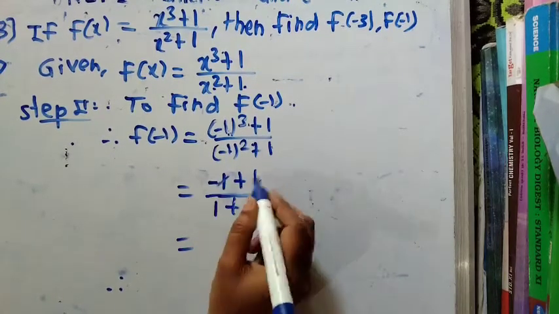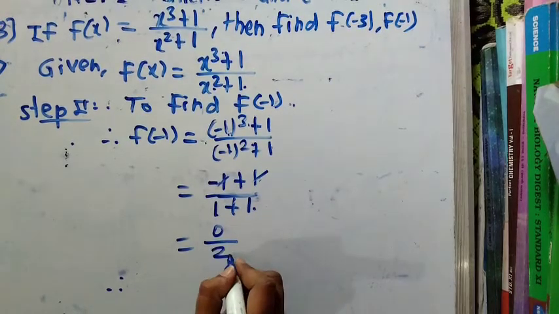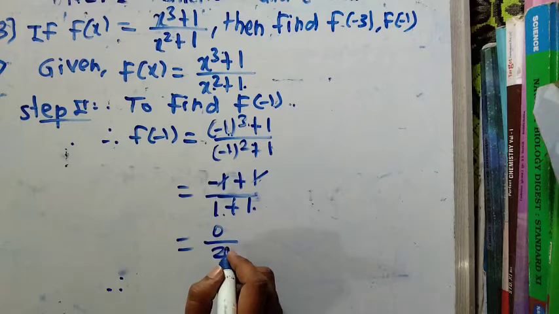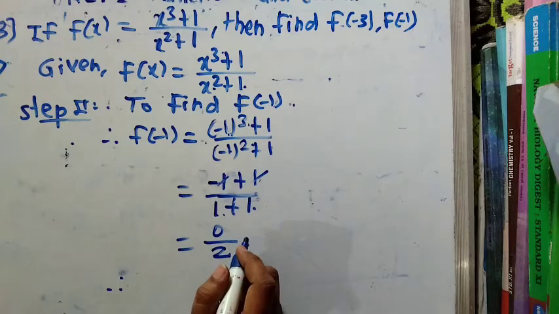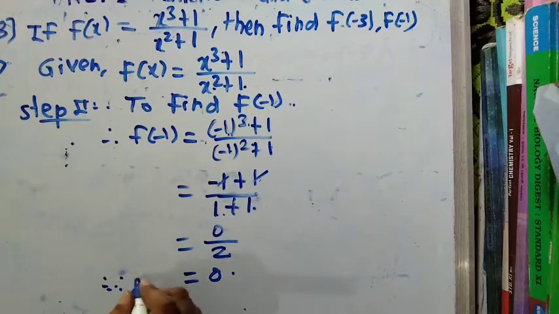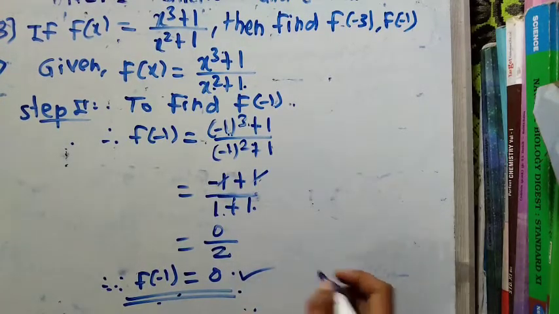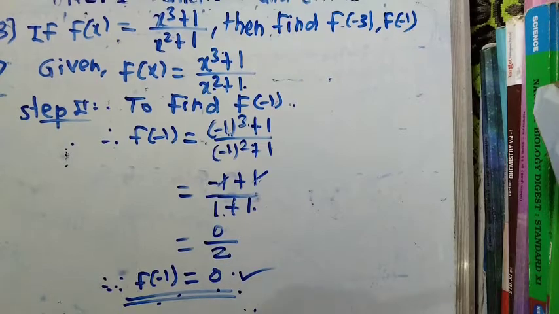So minus 1 plus 1 is 0 and 1 plus 1 is 2. So 0 divided by 2 is equal to 0. So f of minus 1 is equal to 0. So this is the answer.